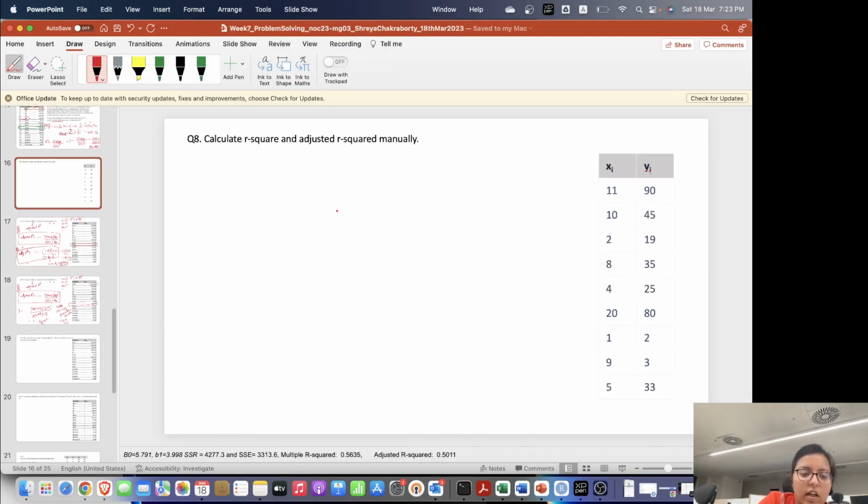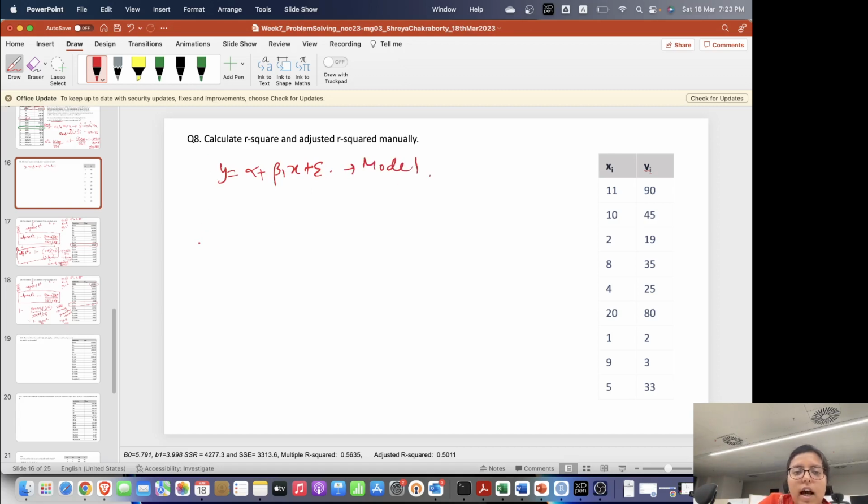Here we have another question. We have x and y. We've been asked to get the R square and adjusted R square manually. Same thing, let's say this is my model.